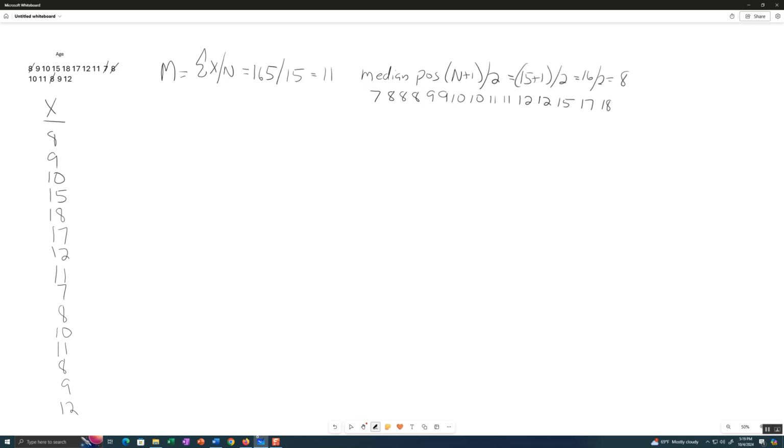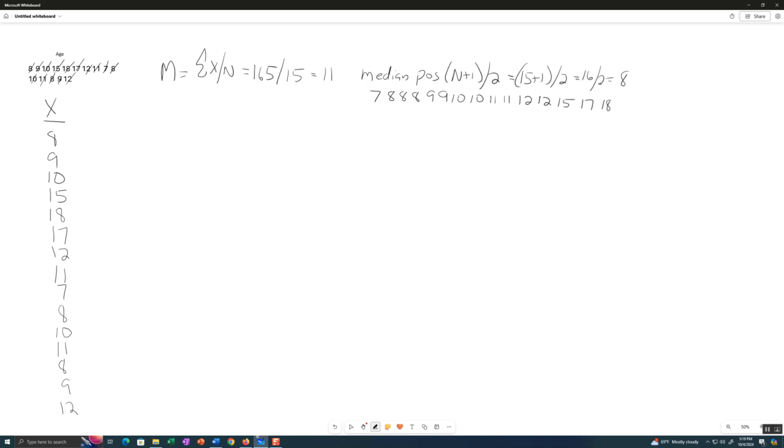No. 9s. 10s. 1 10, 2 10s. Okay. 11s. Looks like 2 11s. 12s. 2 12s. 13s, no. 14s, no. 15, 17, and 18. That looks great.